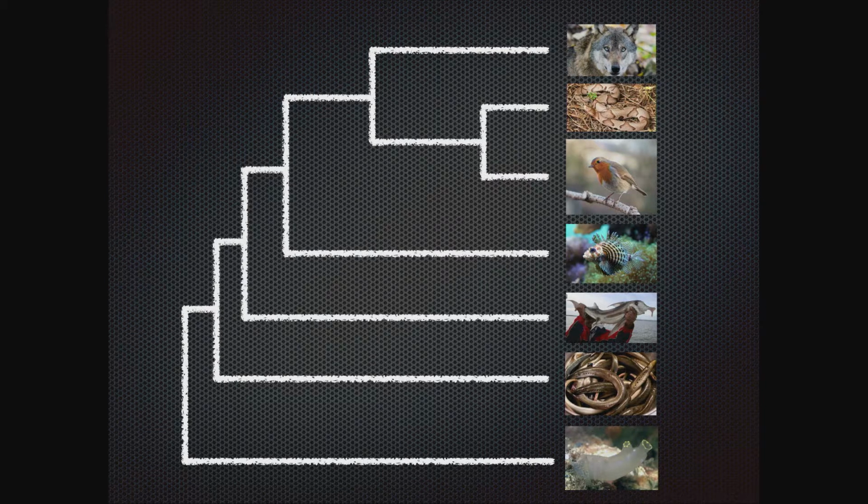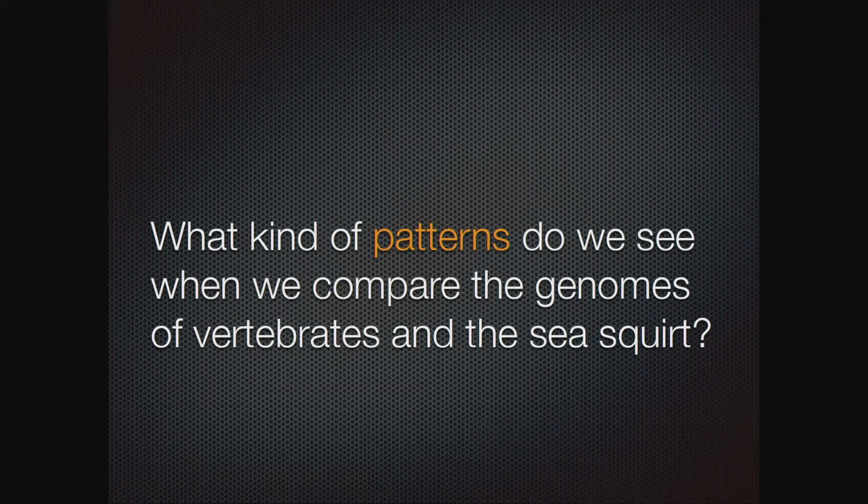And so when you compare this to these other ones, you can start asking, what was this ancestor looking like? And when we look at the genes, we want to ask the question, can we see any patterns when we're comparing the genome of this sea squirt, our next cousin outside the vertebrates, with all of the vertebrate sequences that we can look at?